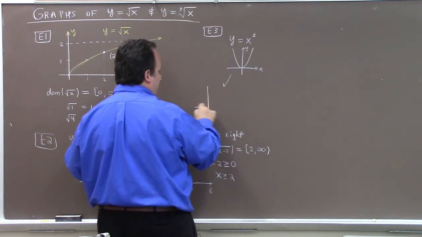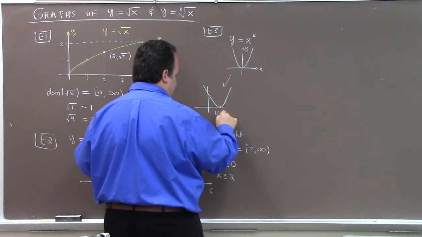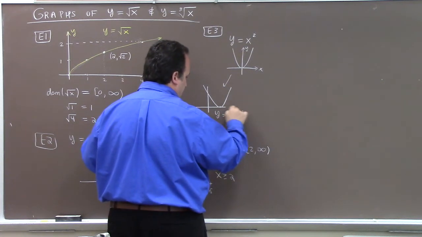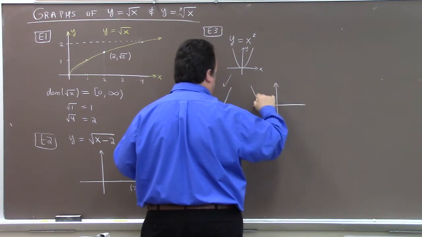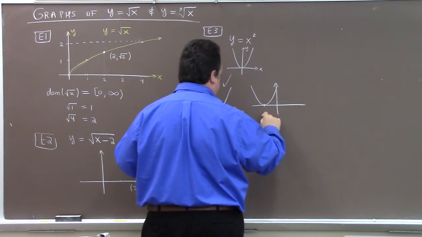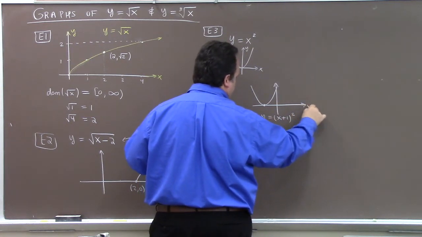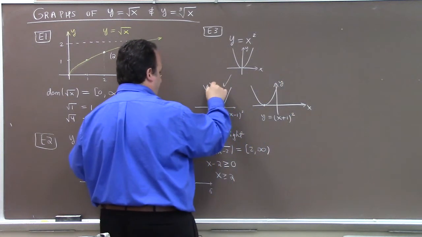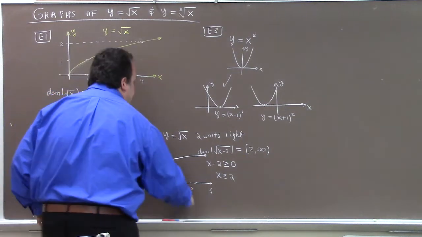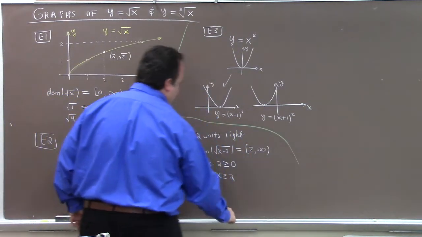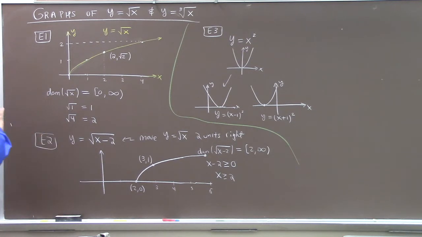So if we have, here's y equals x minus 1 squared. Here's y equals x plus 1 squared. As you can see, taking the formula and replacing x with x minus 1 will move it 1 to the right.